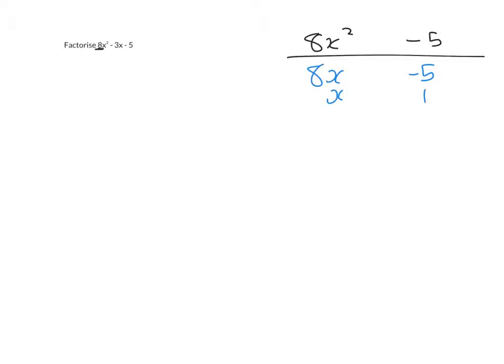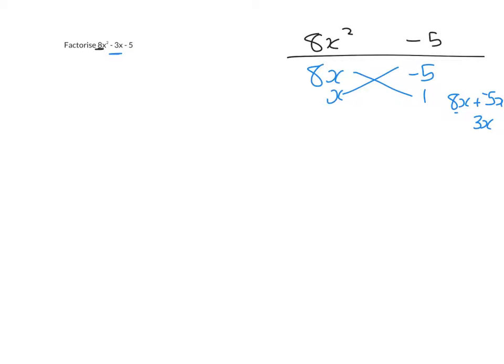Now we'll do a cross multiply. So 8 times 1 is 8x, plus negative 5 times x is negative 5x. So 8x plus negative 5x will give us 3x, comparing it to what we want, we're looking for negative 3x. So this isn't right, but it is the negative of what we're wanting.